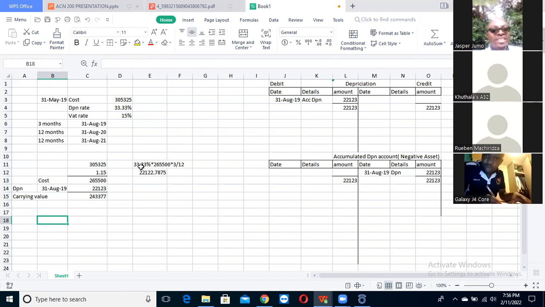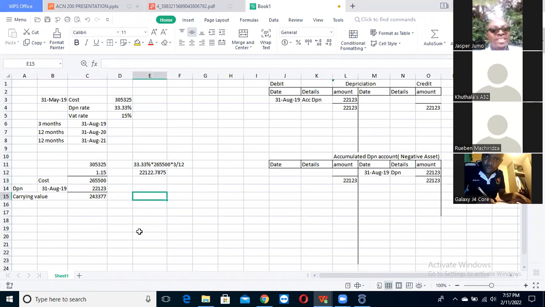So it is necessary for us to know that carrying value first before we go on to calculate the what? The depreciation. And we have already calculated the carrying value here, which is the cost of the asset, subtract the depreciation for the first 3 months. And then we are left with the carrying value. So what do we want to do?